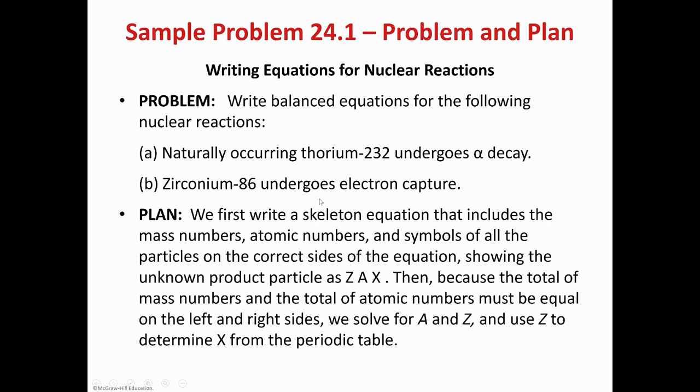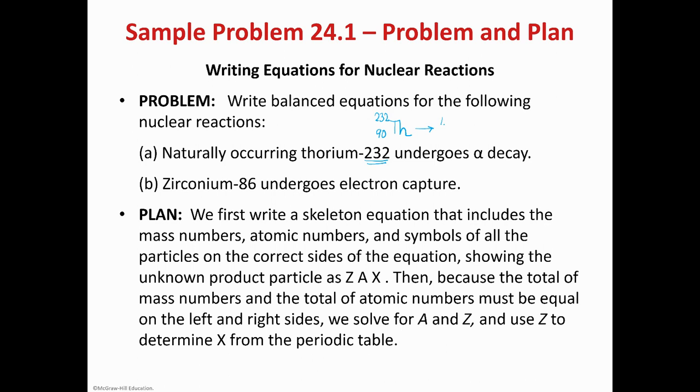Okay, so let's just practice writing these real quick. I think you'll find them to be very, very easy. So naturally occurring thorium-232 undergoes alpha decay. So first of all, I'm going to figure out which element's thorium, which is Th. That has an atomic number of 90. The mass number is given as 232.